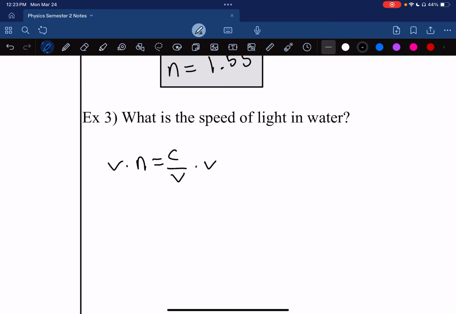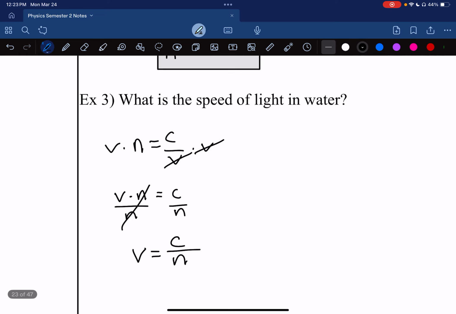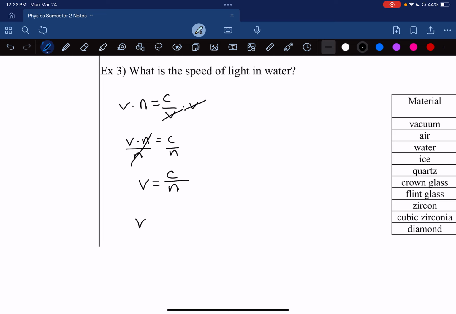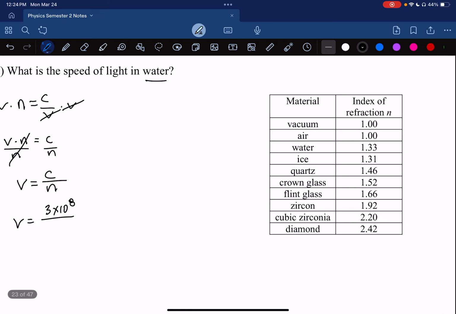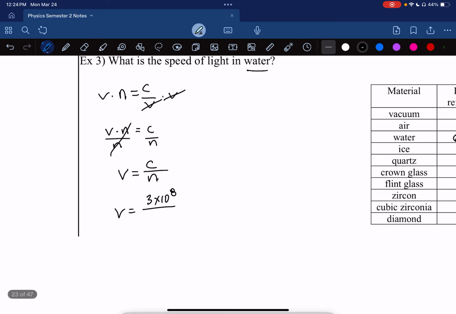Multiply both sides by v. This one cancels. This is v times n equals c. Well, let's get n out of there. Divide both sides by n. So v is just c over n. So v is 3 times 10 to the 8 over n for water. The index of refraction for water is 1.33.